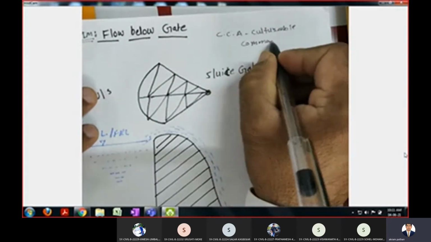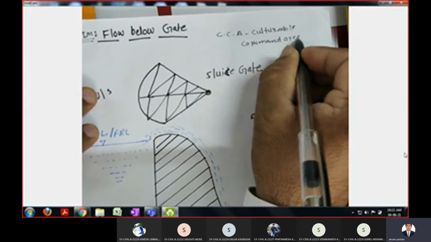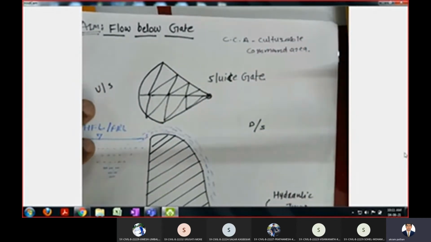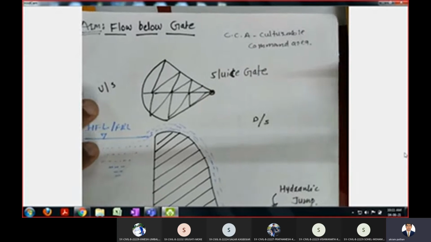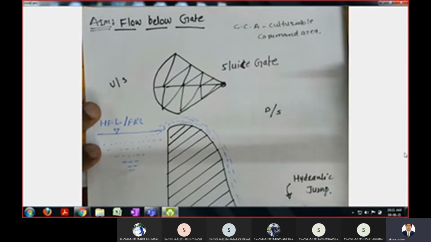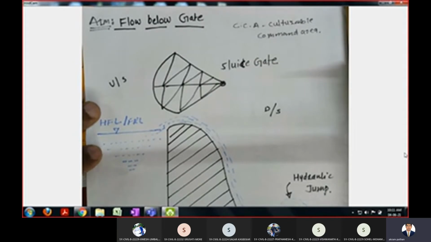Now what is meant by CCA, or culturable command area? It is the area which is irrigated by the channel. It is the area of the land which is irrigated by the channel.